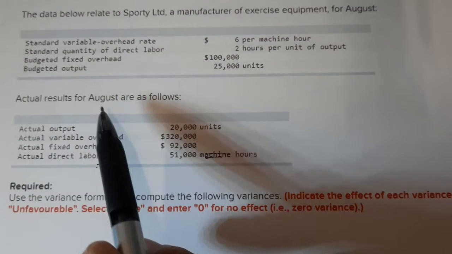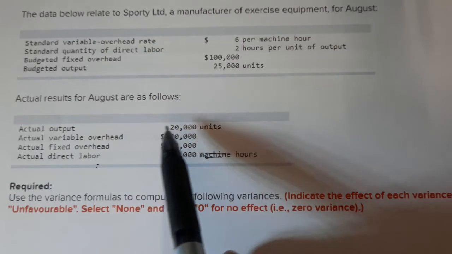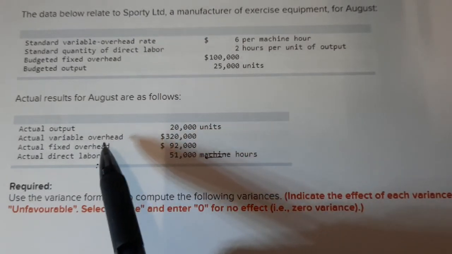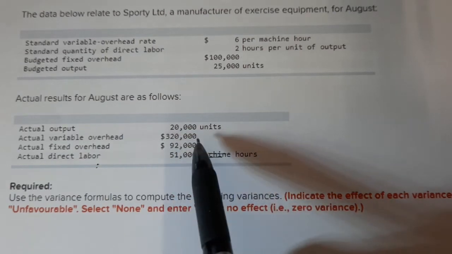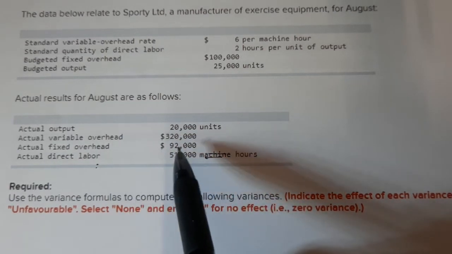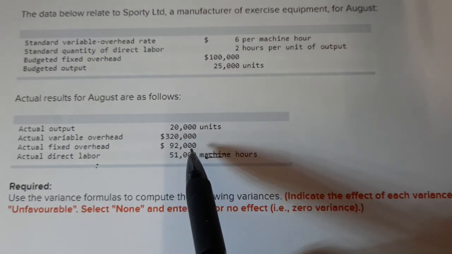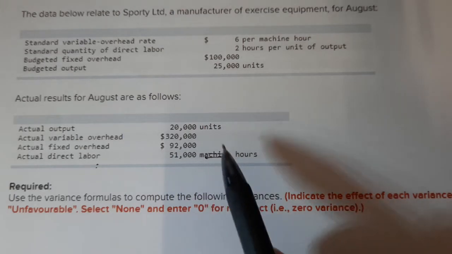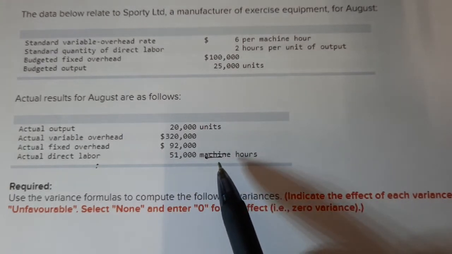Actual results for August are as follows: actual output is 20,000 units. Actual variable overhead is $320,000. Actual fixed overhead is $92,000. Actual direct labor is 51,000 labor hours.